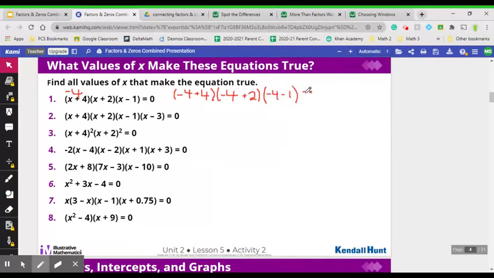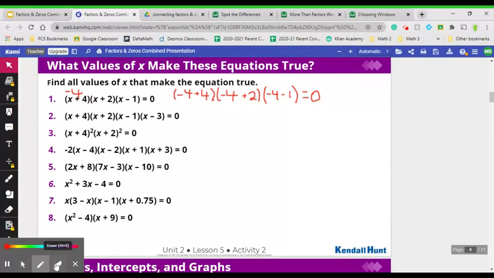In theory, all of that should be equal to 0. The second two parentheses would be -2 and -5, so -2 times -5 would be positive 10. But the first one, -4 plus 4, ends up being equal to 0. So we figured out that one value was -4.